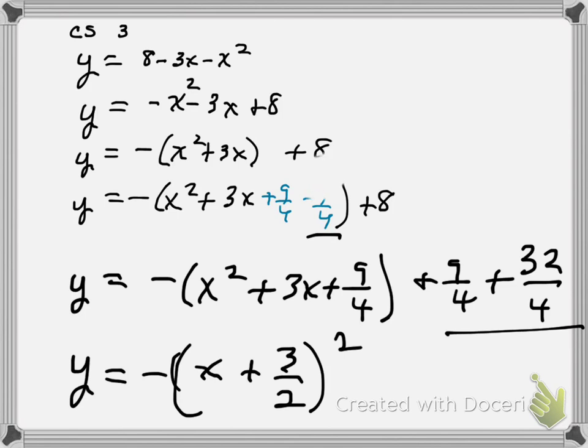Right here this was a negative 9/4. And when I went down here, oh no, I did it right, I took this times a negative and moved it out here and made a positive. Okay, we're good there. So 32 plus 9 is 41, so I have a plus 41/4.